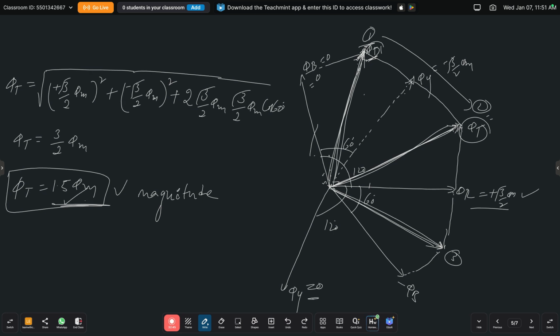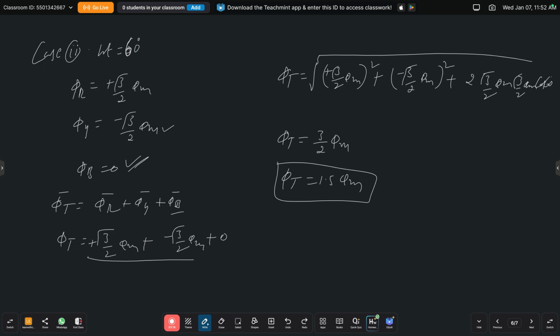So the flux is going to rotate from position 1 to 2, and 2 to 3. This is the flux position here.